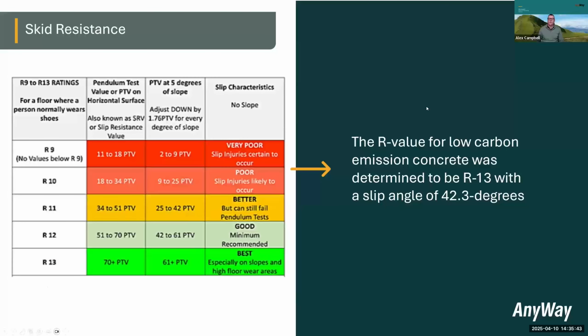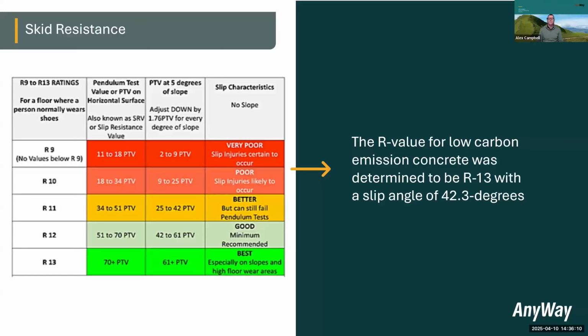Skid resistance is important. We talk about that not only for vehicles, but for wheelchairs. So if you test a material for skid resistance of a wheelchair, essentially you're looking to have better skid resistance, also for walking, right? You don't want to have a slippery surface. And so the best rating you can have is like an R13 rating. So ours was well above an R13 rating.